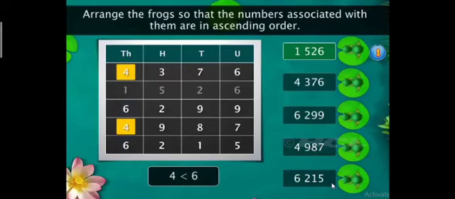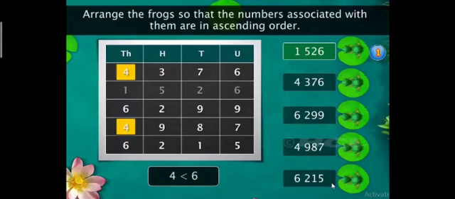Now 4 is less than 6, but we have 4 in 2 numbers at thousands place. So let's check for these two numbers, 4376 and 4987. In both the numbers we have 4 at thousands place.